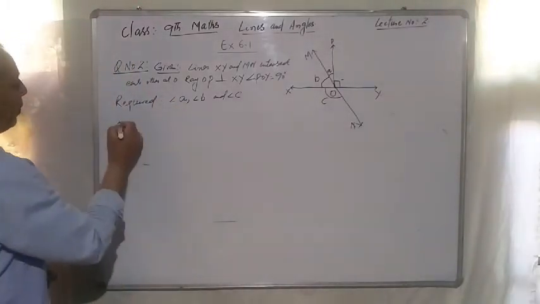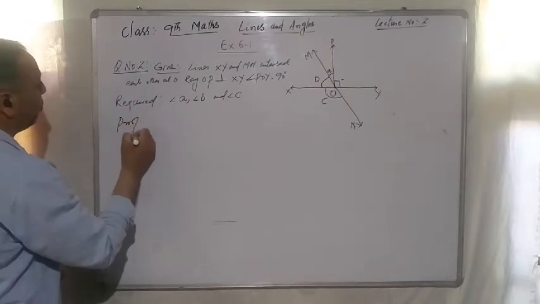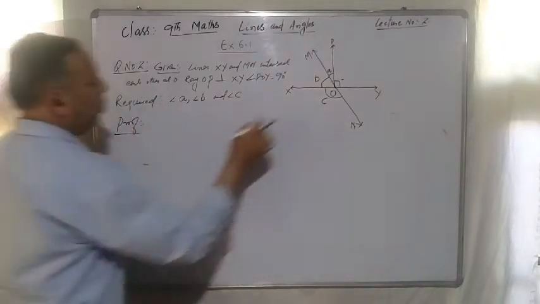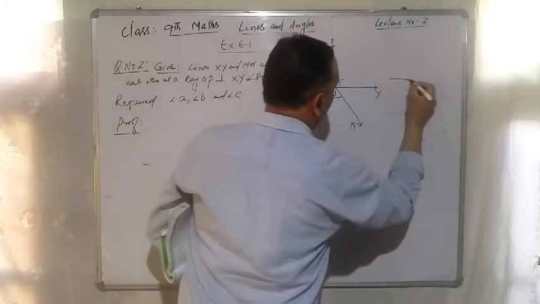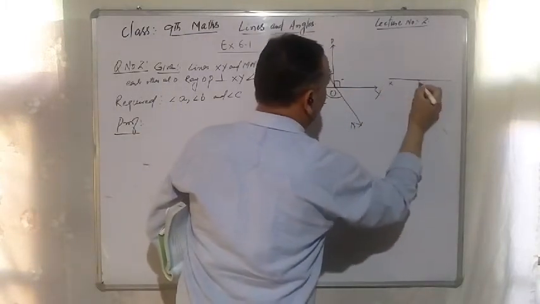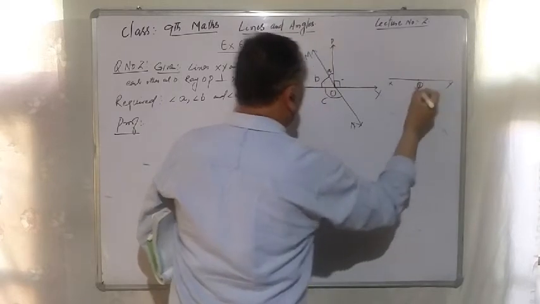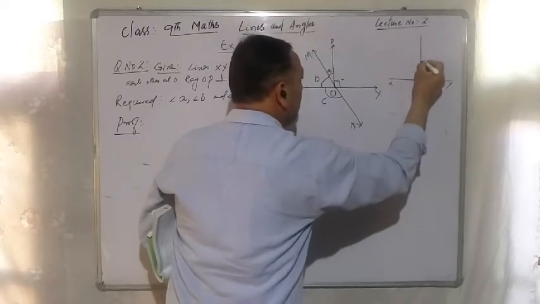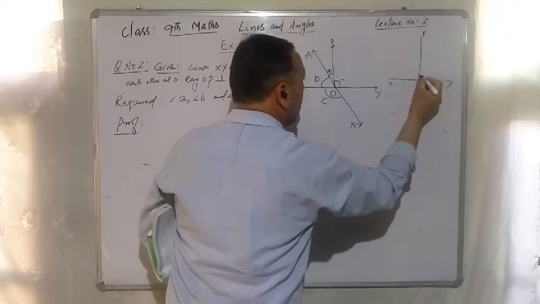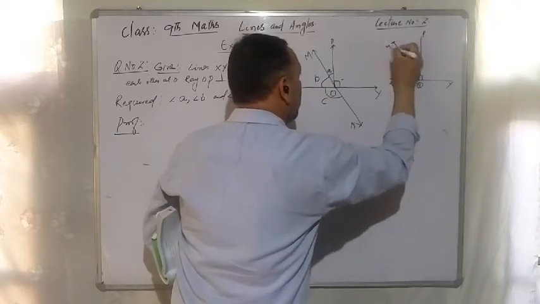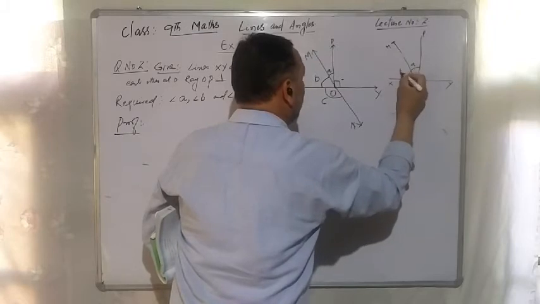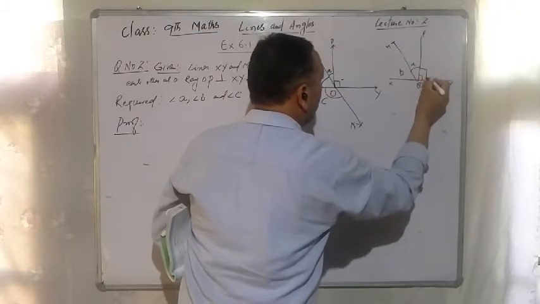Now, see the proof. You look at XY. XOY is a straight line, and this ray OP is perpendicular here, and this is another ray M. This is angle A, this is angle B, and this is angle POY.